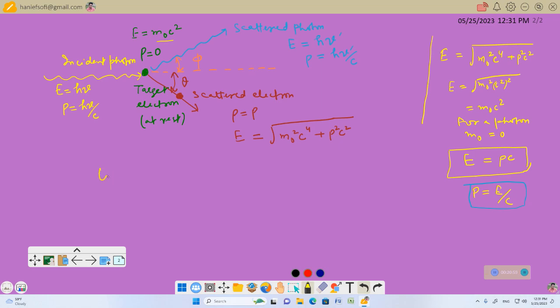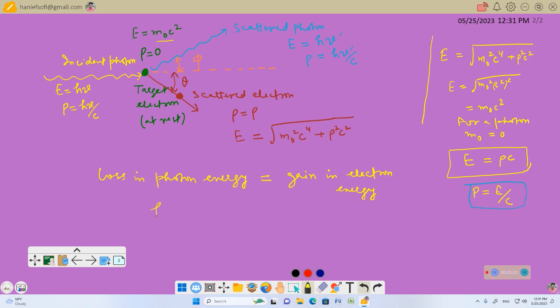So the loss in photon energy is equal to the gain in electron energy, because energy is conserved.